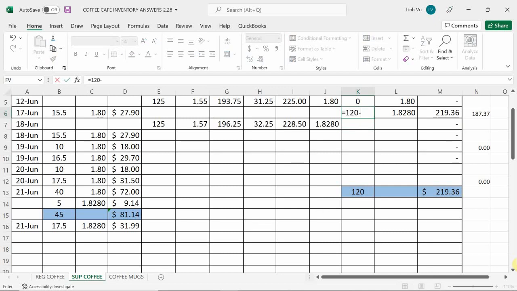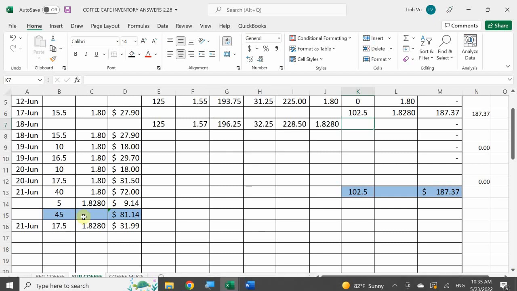I'm only double checking on my side that the calculation is correct. So in this case, it is correct. I am at 187.37. If you want to, you can multiply this yourself, 102.5 times 1.828. You're going to get 187.37.